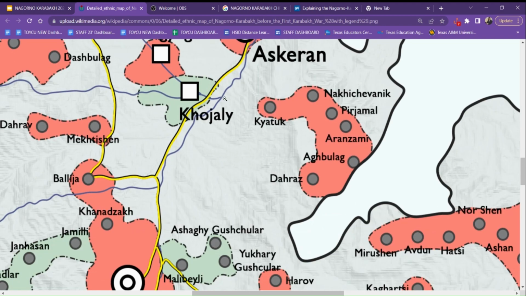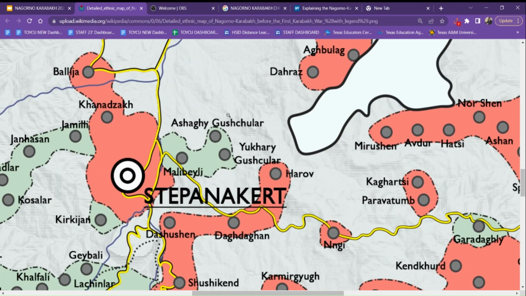As you can see, Hocalı, this is the region where Armenians killed 700 people, including babies, females, women, because most of the males were in the war, and the population mostly were women and children. Unfortunately, they were all killed by Armenians.